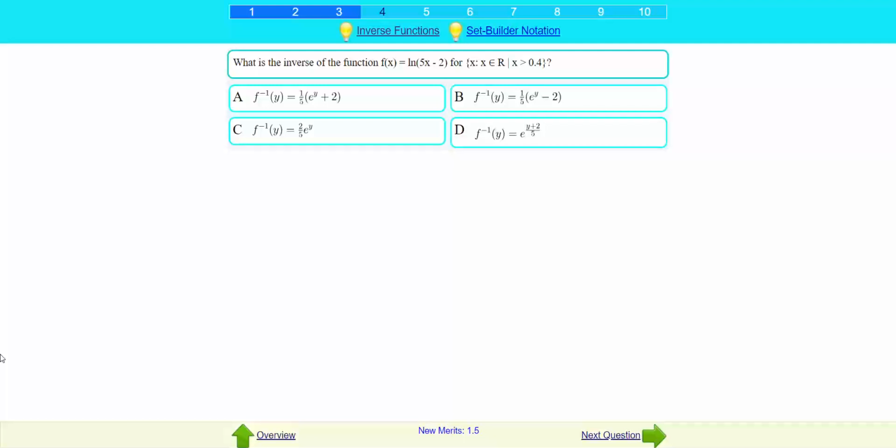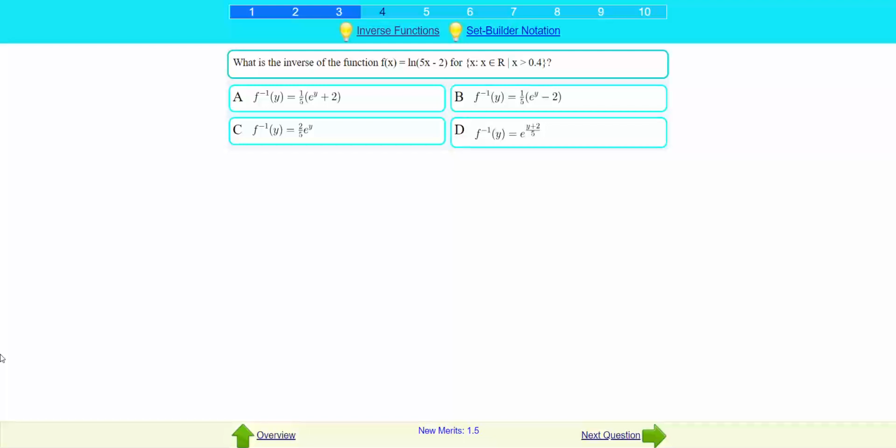Now, let's try to solve the equation first. In order for us to get rid of the ln, we should introduce the e. The inverse of the ln is actually e to the power of x. So e to the power of y equals 5x minus 2, because the e to the power of ln actually eliminates both.